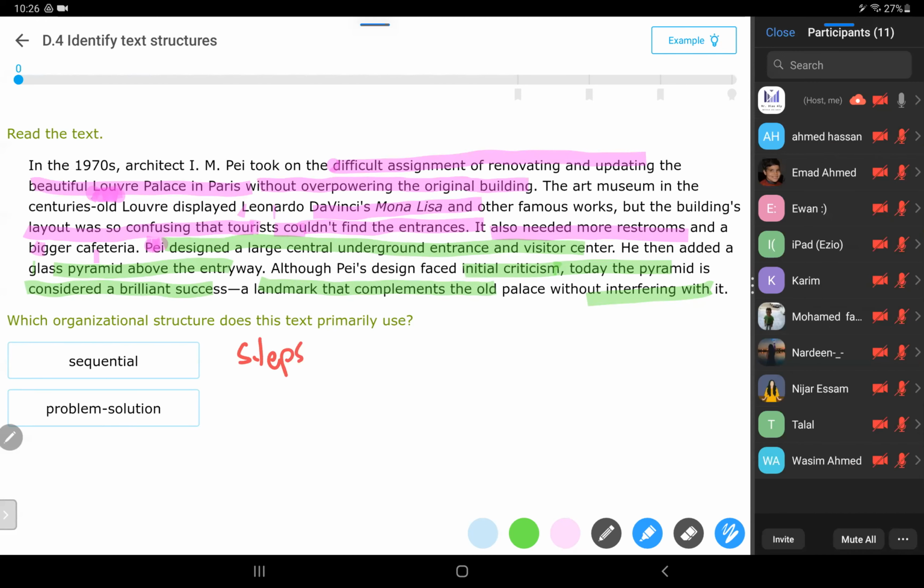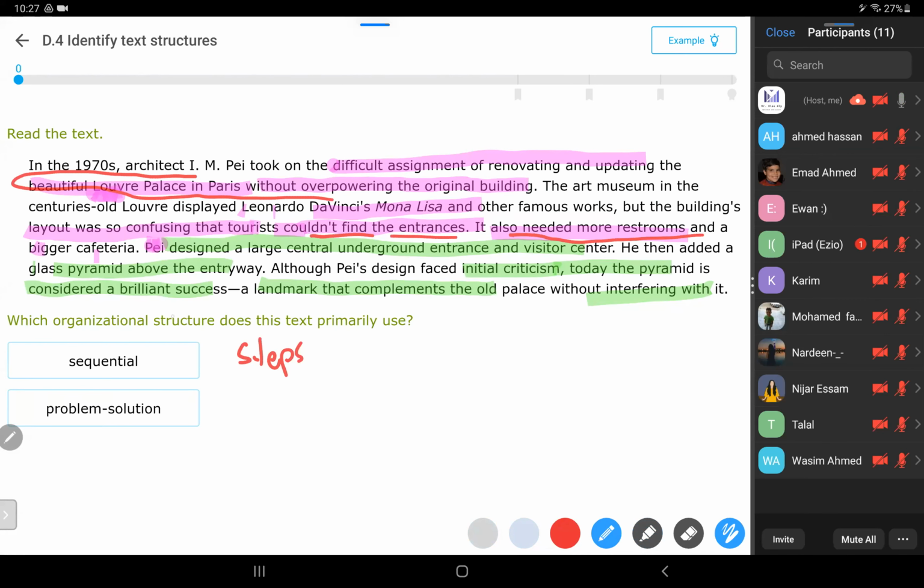It's steps or problem solution. As you can see here, we had a problem: a guy decided that the Louvre doesn't look good. And there is a problem with the Louvre because people get confused and cannot find the entrances. It needs more restrooms.